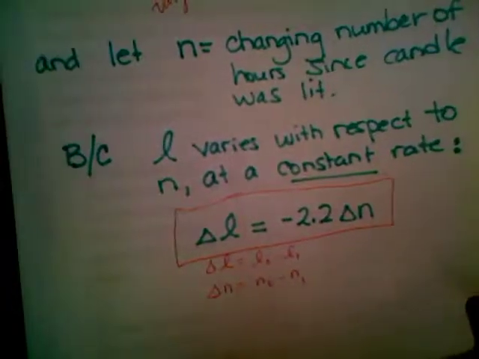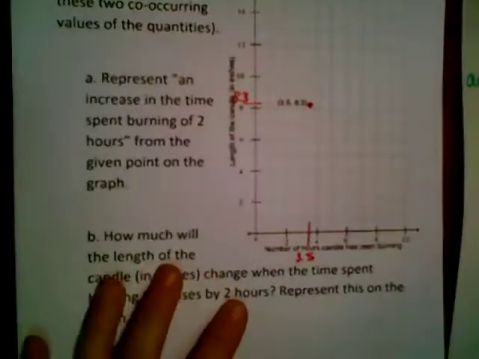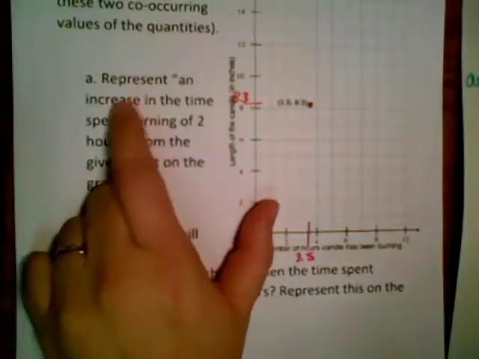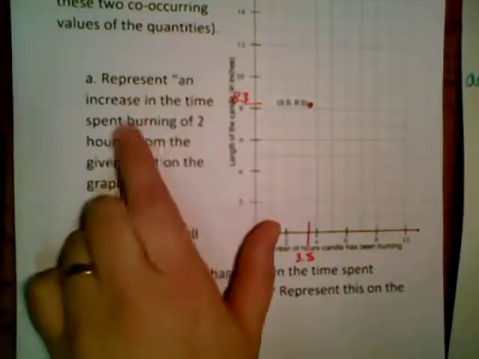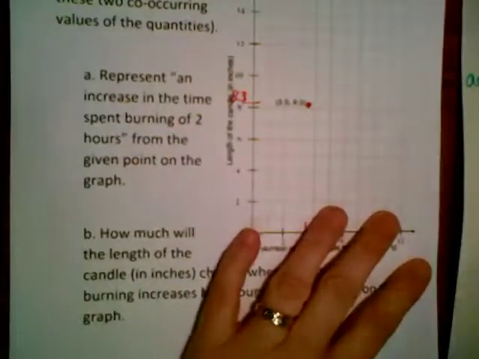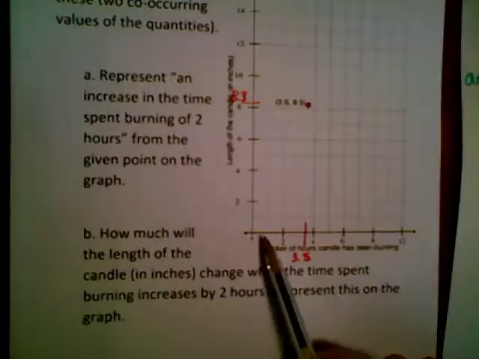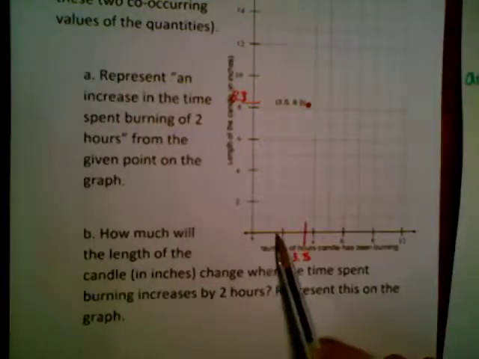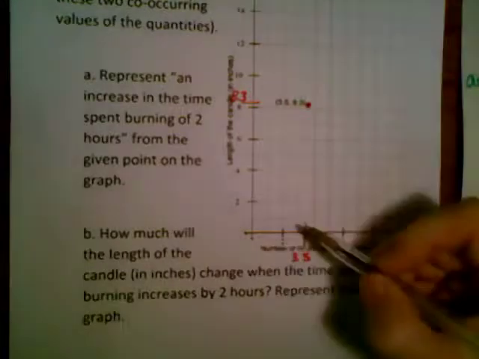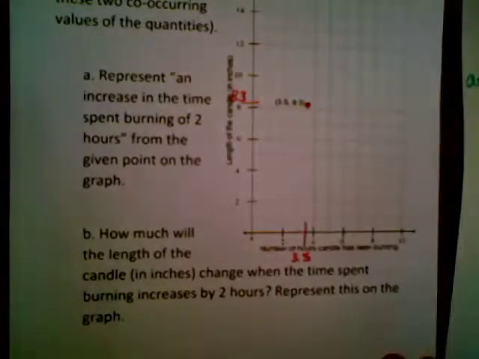Okay. Now to review what the next question is, question A asks us to represent an increase in time spent burning of 2 hours from the given point on the graph. That doesn't have to be too difficult. Each hash mark along this horizontal axis represents 1 hour.